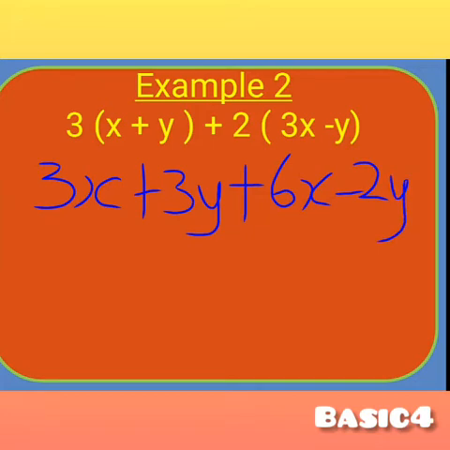We have 3x plus 6x gives us 9x. Plus 3y minus 2y gives us plus y. I hope we understand. So we have 9x plus y in the simplest form.